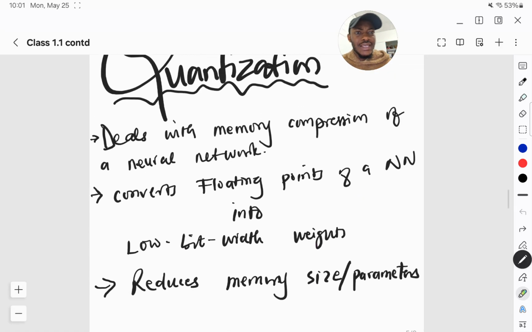And then, what is the essence of quantization? Why do we need quantization? To help reduce memory size and parameters, because these models are very, very heavy, they're very, very large, they have a very heavy memory footprint. So with quantization, there are TensorFlow libraries for quantization. You can check them out, right?